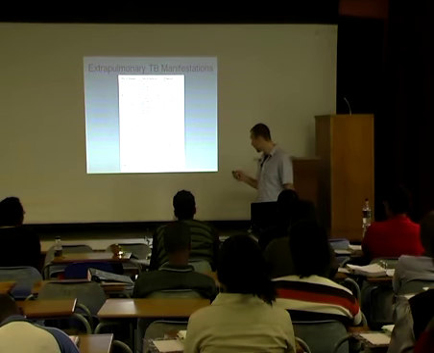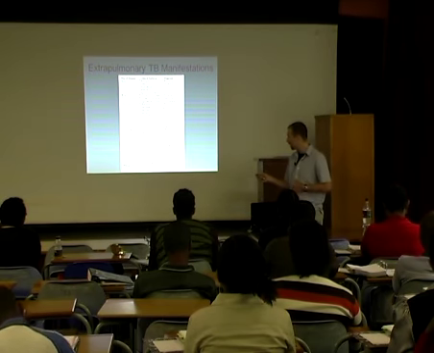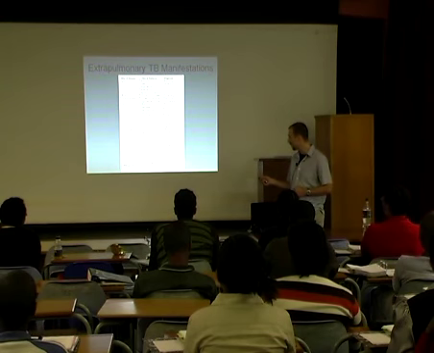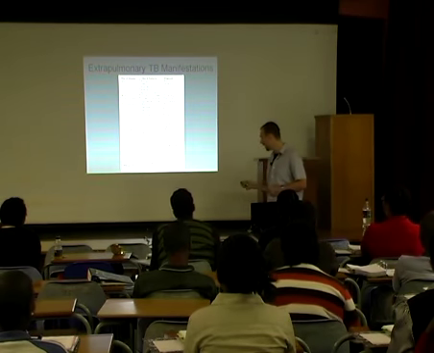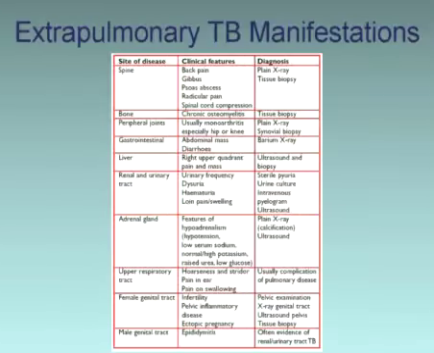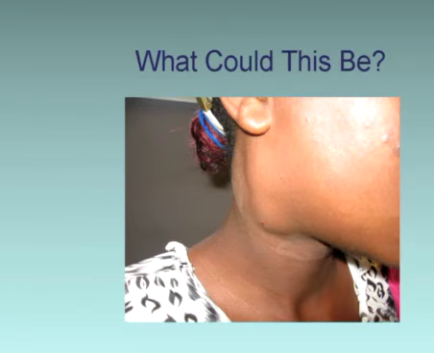It can be of the bones, of the spine, of the joints, TB of the GI tract, the liver, the kidneys, the adrenal glands, the respiratory tract, the male genital tract, the female genital tract. You can have TB of the skin. It can be really anywhere in the body. So a child with a very large persistent lymph node in the neck, that could be TB.